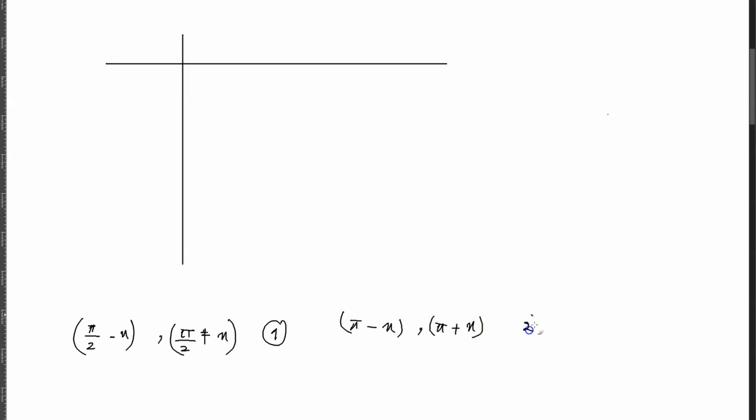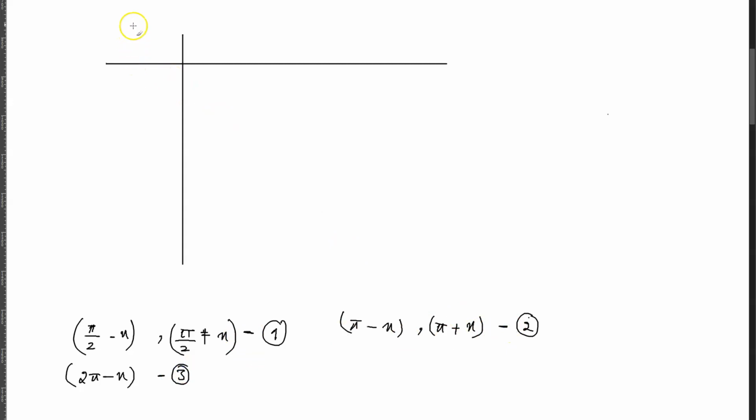I'm going to call that case number 2. And case number 3, I have 2 pi minus x. I'm going to call that case number 3.